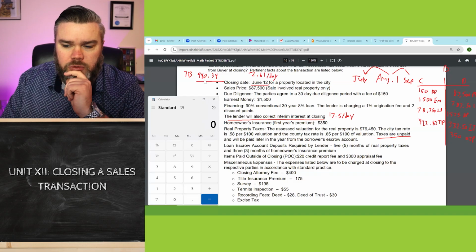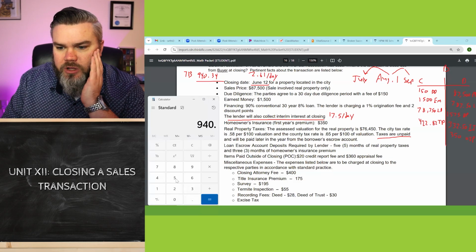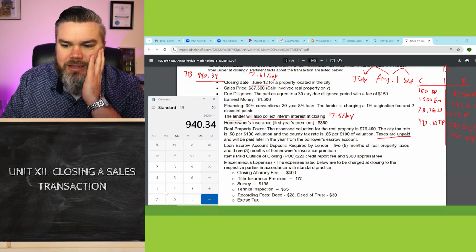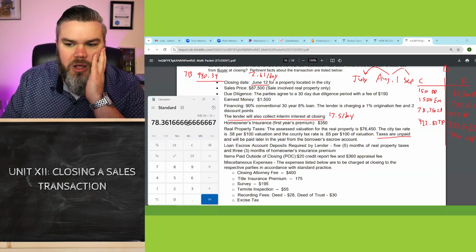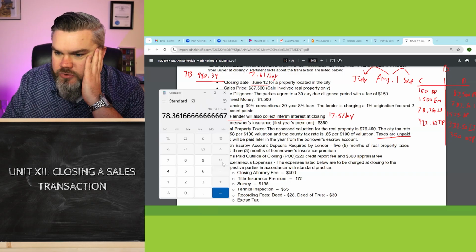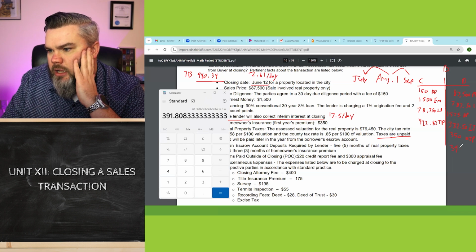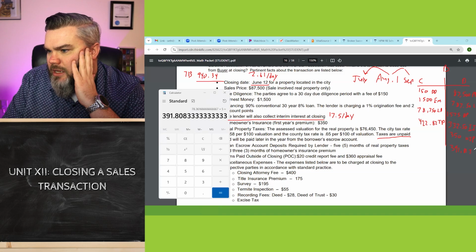So we found your annual tax bill, it's right up here. I wrote it down for a reason. $940.34. Divide that by 12 to figure out how much that is each month, which is $78.36. And they want 5 months' worth, so multiply it by 5. So that is $391.81 for, we'll call this, tax escrows.